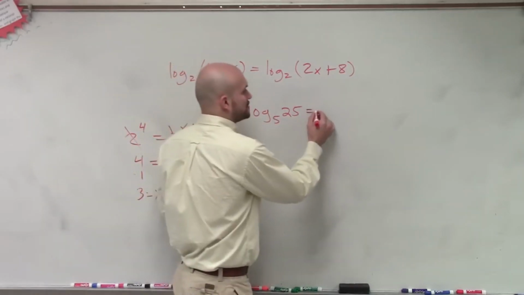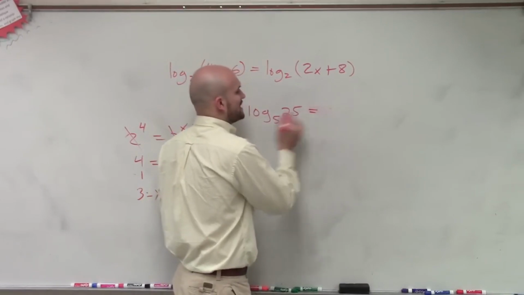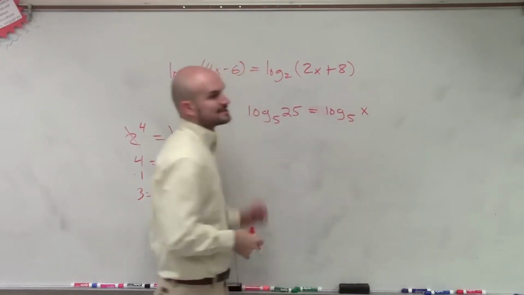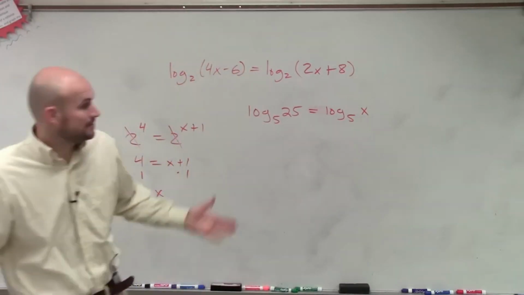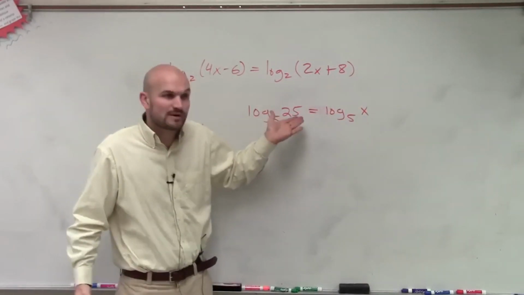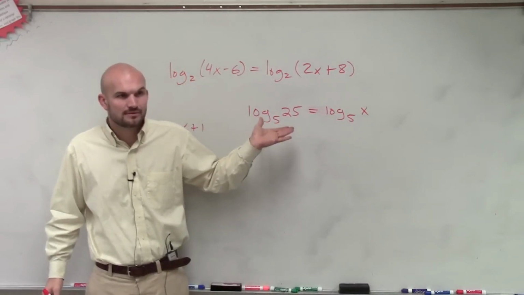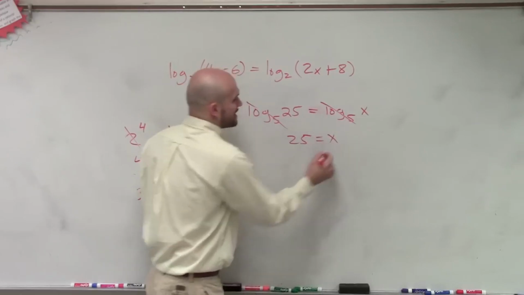So this answer is 2. OK. So what if I said log base 5 of 25 equals log base 5 of x? What does x have to equal? 25, right? If this is equal to this, you know that x has to equal 25. So does it really matter if we have this log base 5 here? No. You can just say 25 is equal to x.